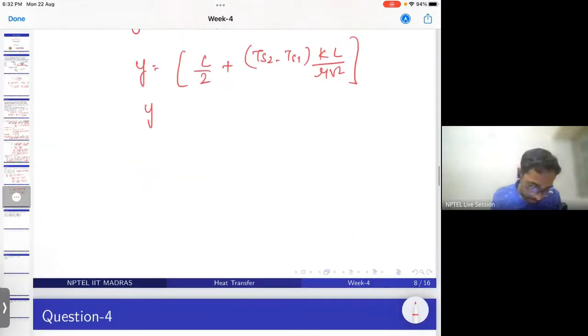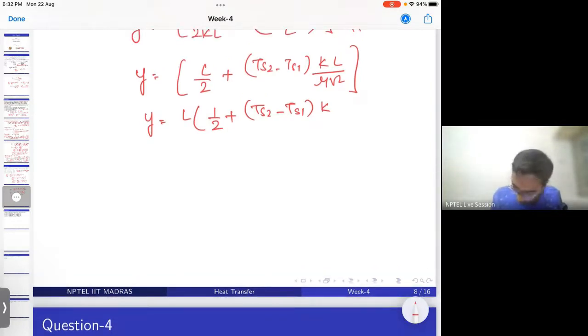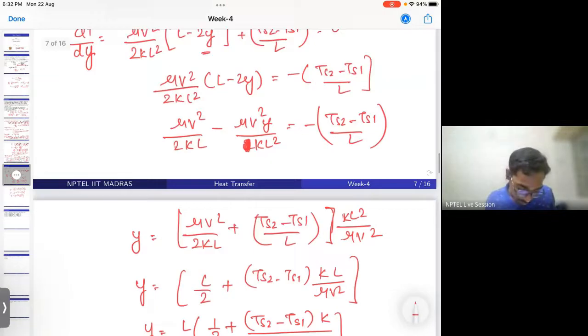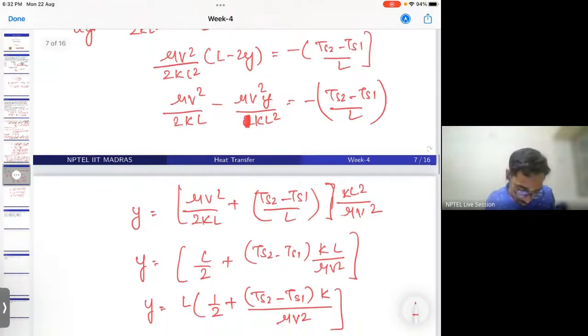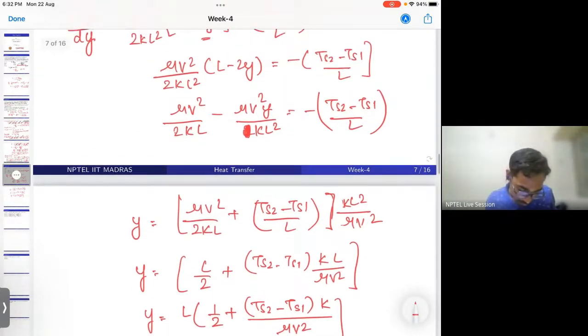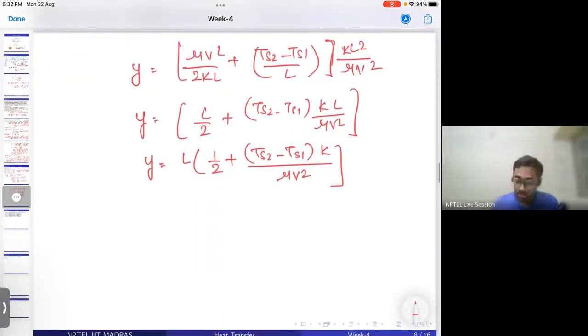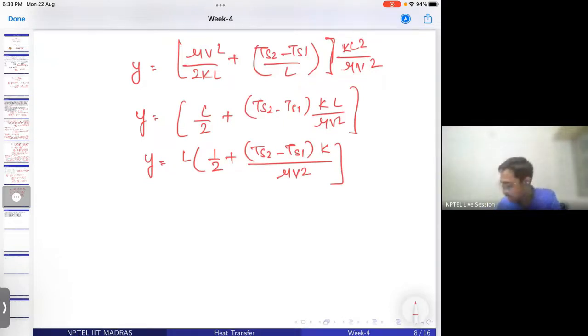You will get y is equal to L times half plus (Ts2 minus Ts1) k divided by μv². I hope this is clear to you. Now we just need to substitute this value.